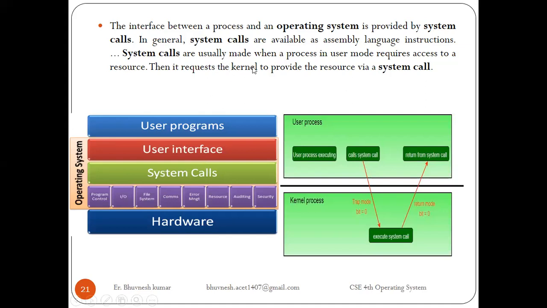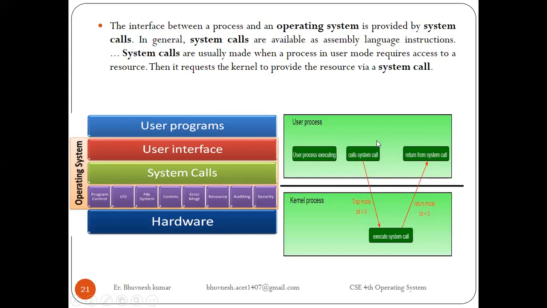I will give you an example, then you will understand this. In general, system calls are available as assembly language instructions, and system calls are usually made when a process in user mode requires access to a resource. Then it requests the kernel to provide a resource via a system call.